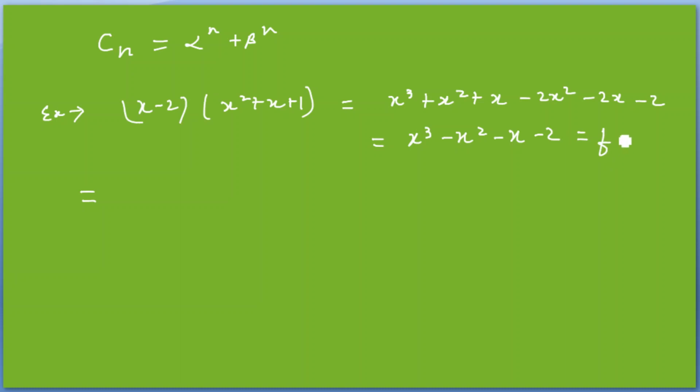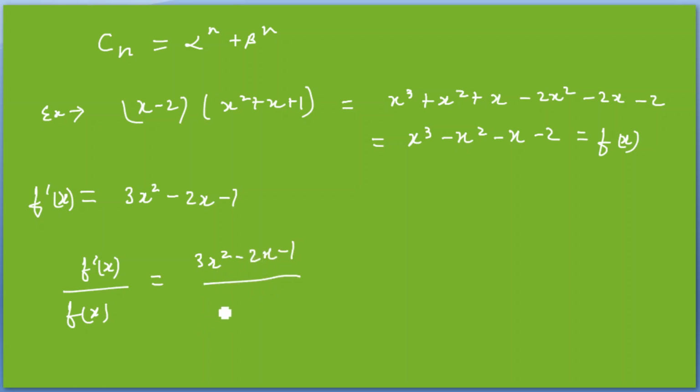So this is our f(x), and we have to find f'(x). f'(x) is 3x² minus 2x minus 1, and now we can write f'(x) upon f(x) as (3x² minus 2x minus 1) upon (x³ minus x² minus x minus 2), and this division can be expressed as some constants, let us say c1 upon x plus c2 upon x² plus c3 upon x³, and so on.